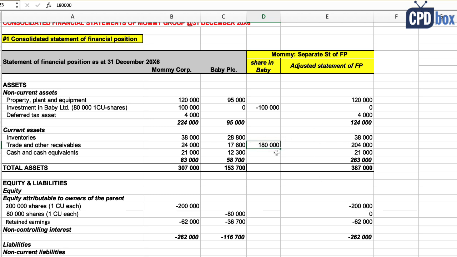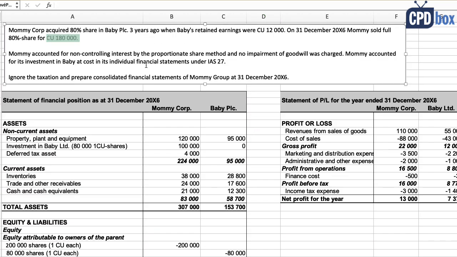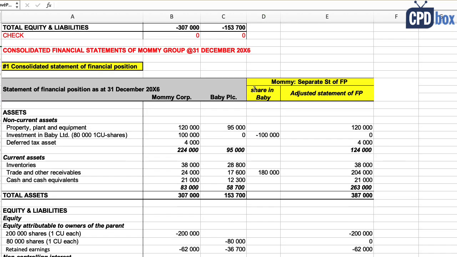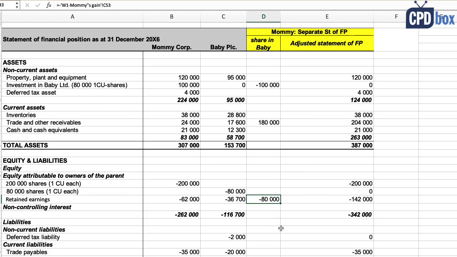Of course, the exact account depends on the situation. It could be bank account, but rarely, in most cases, financial settlement follows after the contract. And we credit equity minus 80,000. Remember, debits are plus, credits are minus, which is the gain. And that's it.